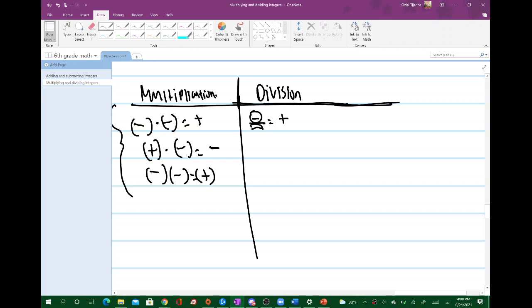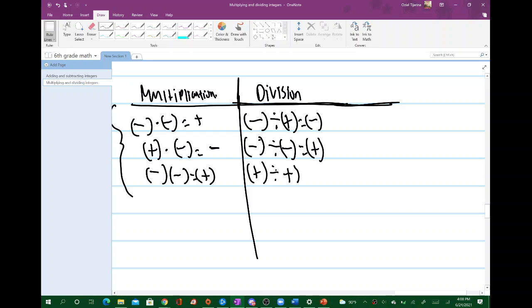Negative divided by positive is negative. Negative divided by a negative, and if you hear an airplane, I do apologize, is going to be positive, and positive divided by positive is positive.